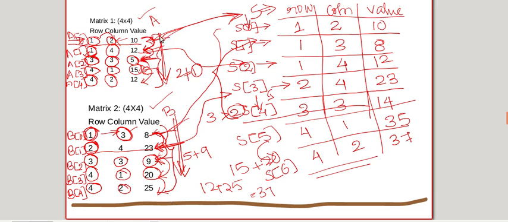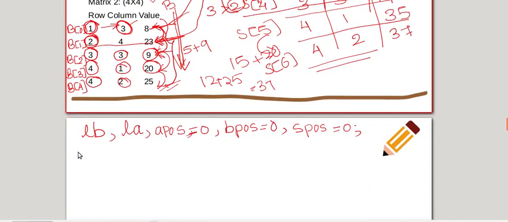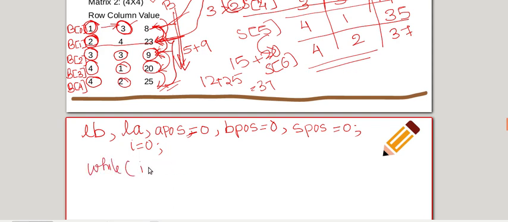So I need to execute the loop until I reach the end of either this array or this array. So I am putting a while loop. I am using another variable for iterating through the loop, I is 0, while I is less than length of A and I is less than length of B.